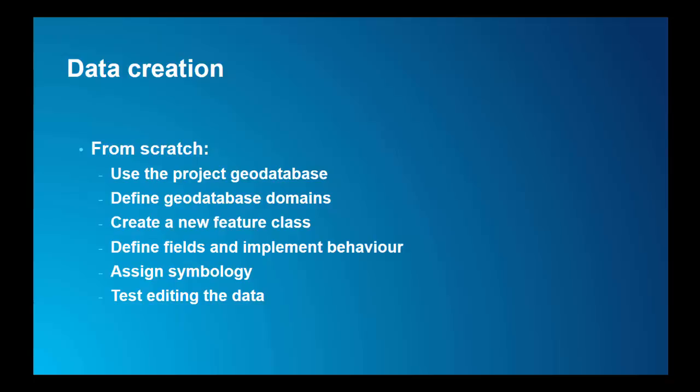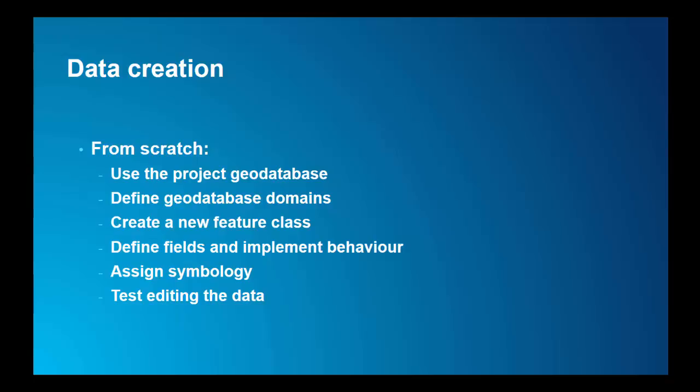Within that file GeoDatabase, we're going to invoke some GeoDatabase behavior. Specifically, we're going to set up domains inside the GeoDatabase. Domains allow us to predefine what values are acceptable for attributes that we're collecting. Once those domains have been created, we'll create any data that we require inside the GeoDatabase.